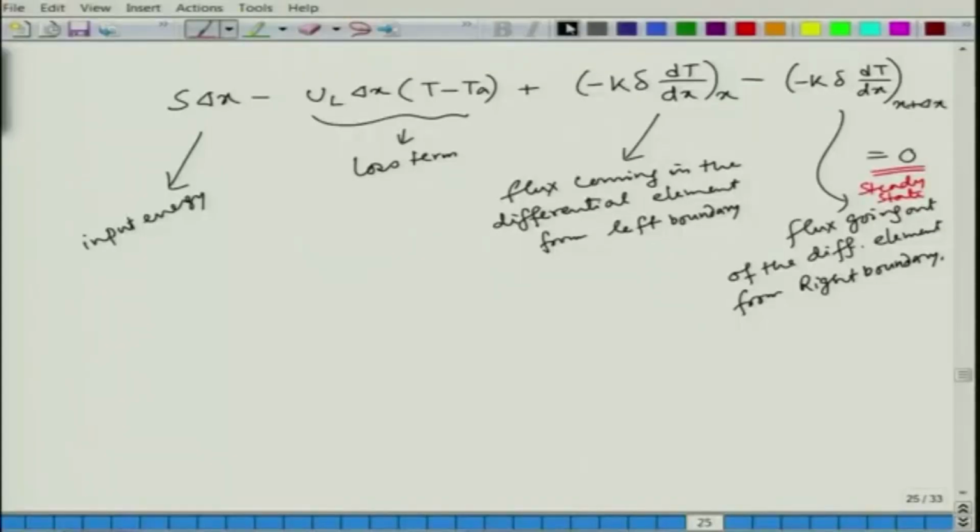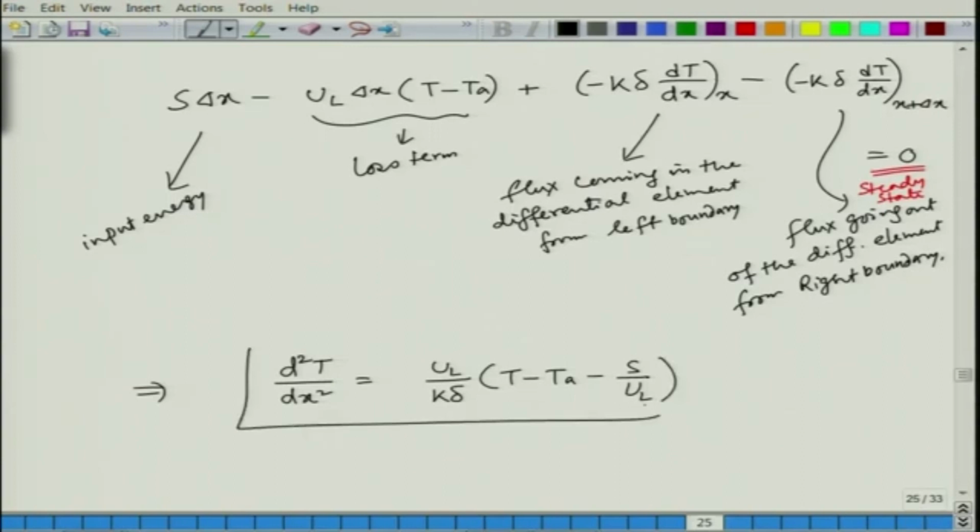So, if we just get rid of this delta x term, what will we get? We get this particular differential equation: T minus T_a minus S over U_L. Just by simplifying the above equation, we can write this.